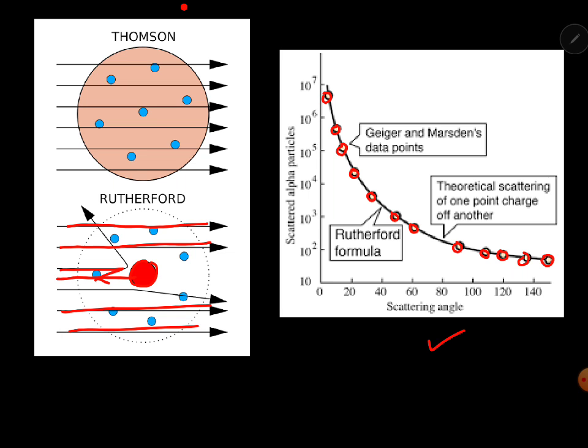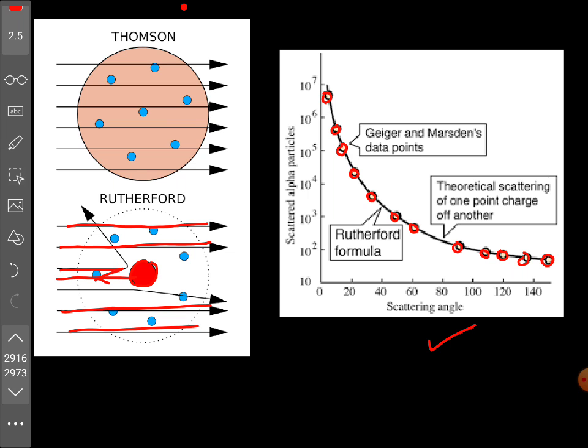You can also see the graph where theoretical and experimental data are shown. The circles show the experimental data, and the curve shows the theoretical data, so you can compare them.